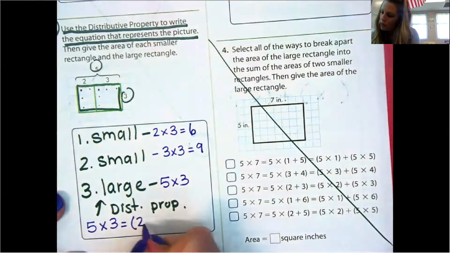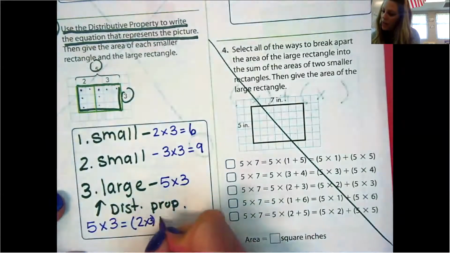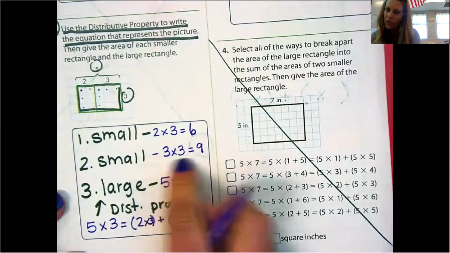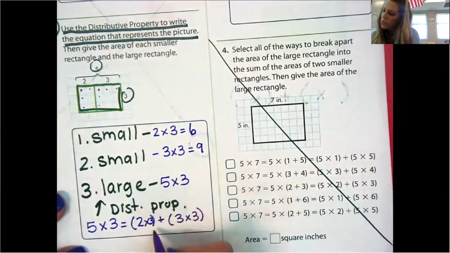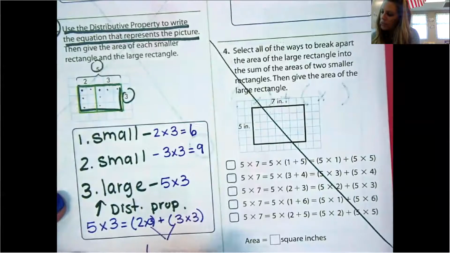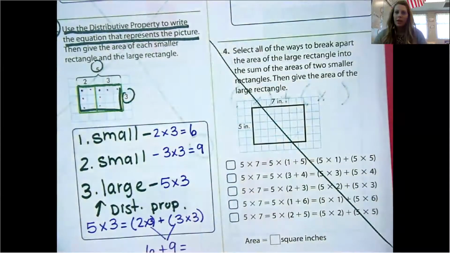So we have 2 times 3, 2 times 3 plus, what's our other small one? 3 times 3.